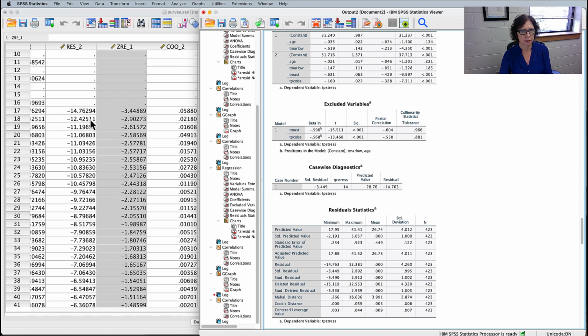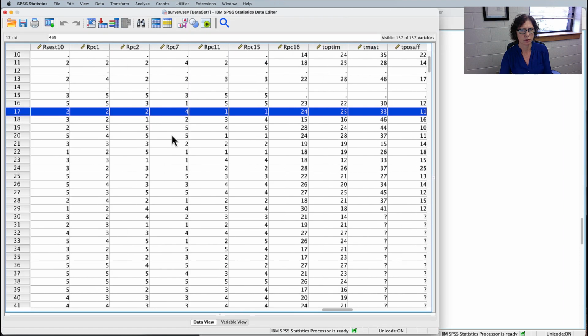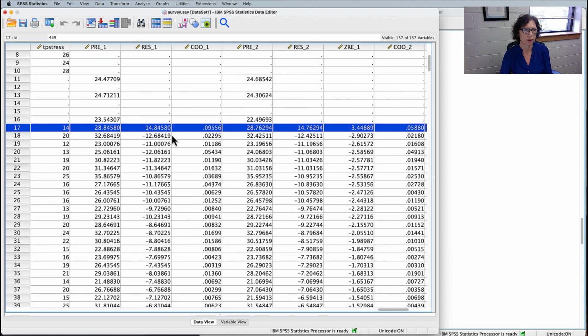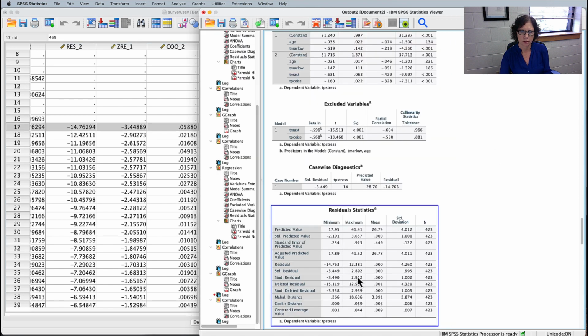And the reason I wanted to pull standardized residual for you on this one is to be able to see this relationship here. That case that could be an outlier, the -3.44889, is also the one with the highest Cook's value, the 0.0588. So our highest Cook's value over here, the 0.059, is the same case.